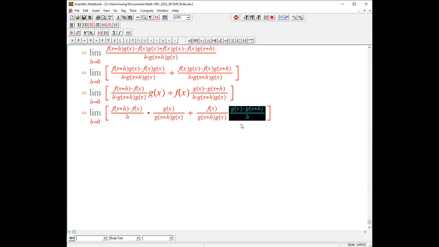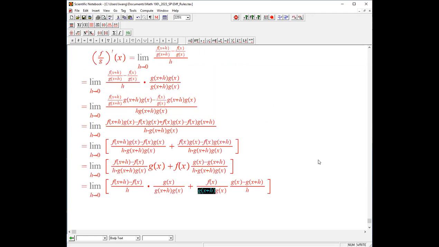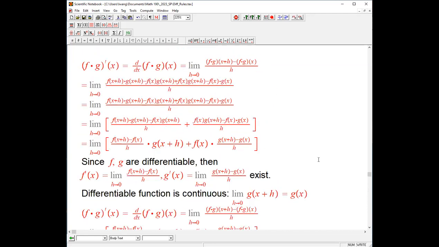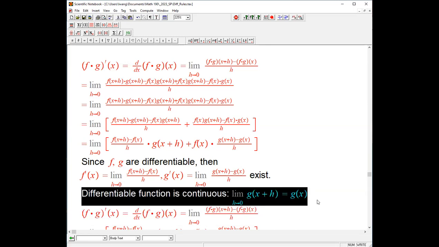They both exist. f of x, g of x are treated as a constant. The only thing is that g of x plus h, that limit exists because a differentiable function is also continuous. We're going to bring back that a differentiable function is continuous.